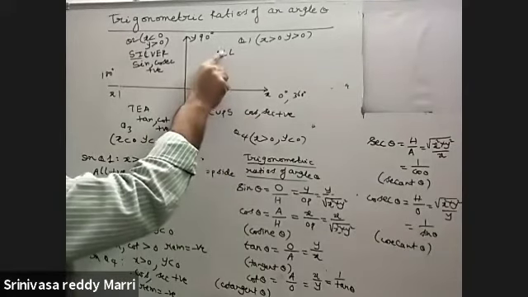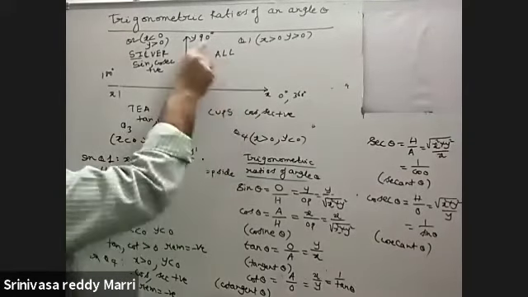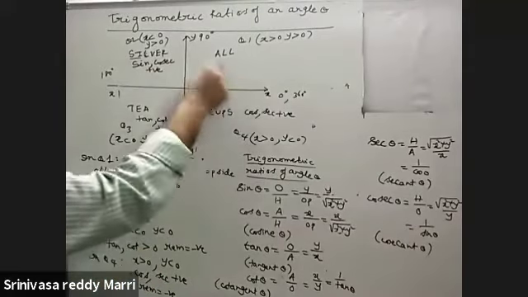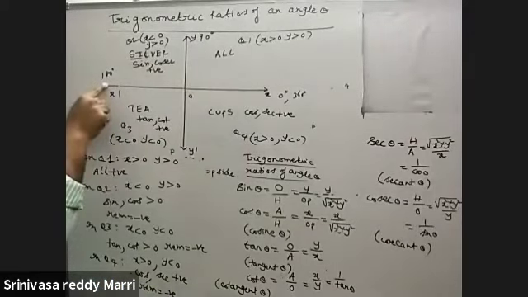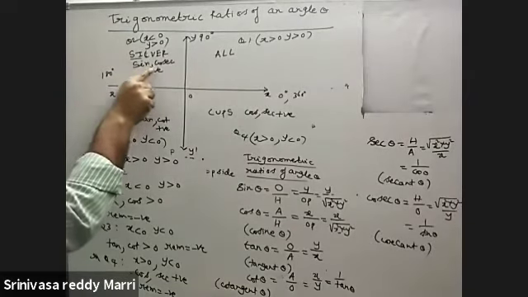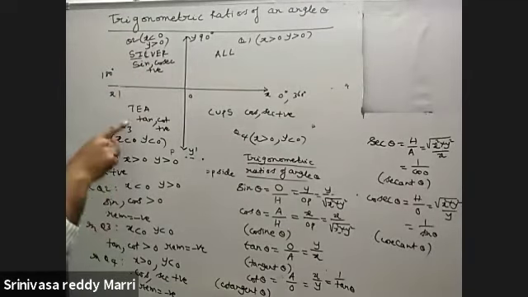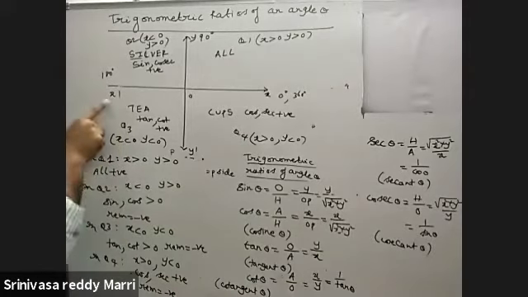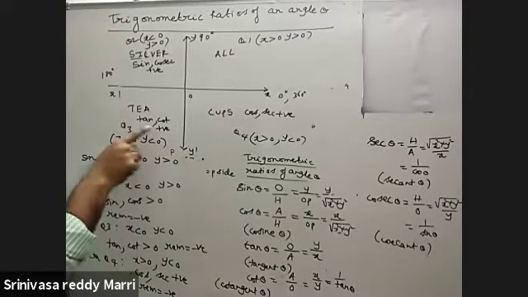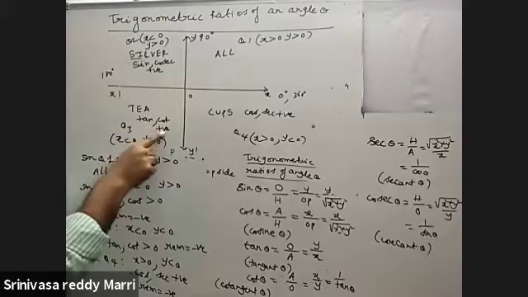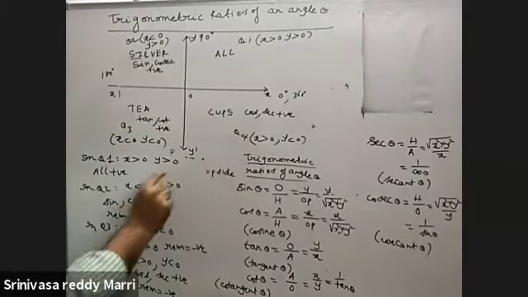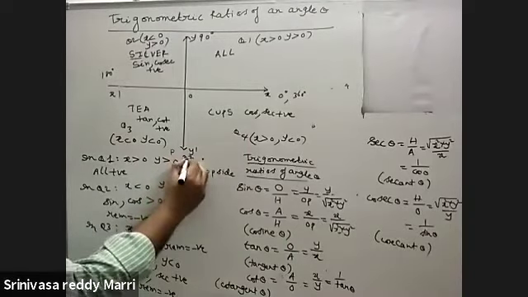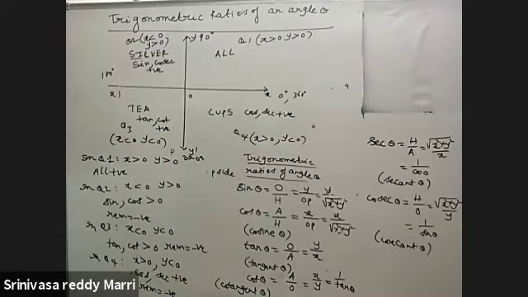How can you know that theta lies in the first quadrant? If it lies between 0 and 90, then all are positive. Then 90 to 180, quadrant 2, sine and cosecant are positive, remaining all negative. Now if theta lies between 180 and 270, tan theta and cot theta are positive, remaining all negative. If theta lies in quadrant 4, between 270 and 360, cos theta and secant theta are positive and the remaining all negative.